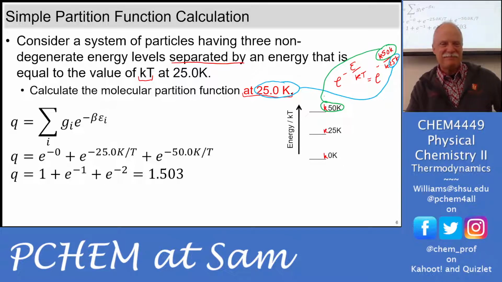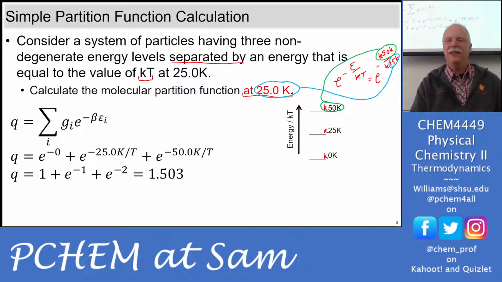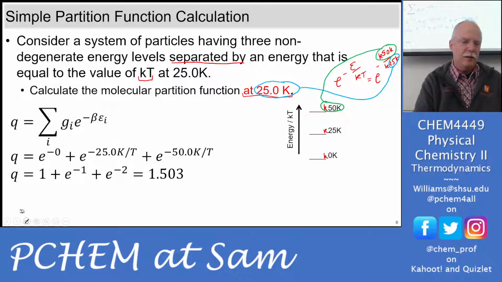All right. So this makes our Boltzmann factors easy to calculate. We have G is 1 for all of them, okay? So all of the G's are 1, so we don't have any degeneracy up front.